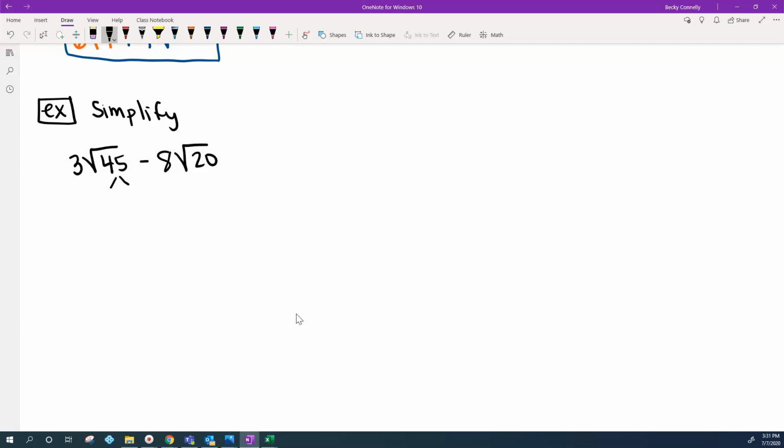If I do the prime factorization of these numbers, this would be 9 times 5, and then 9 breaks down to 3 and 3. 20 is 4 times 5, and then 4 breaks down to 2 and 2. So if I write this out, I really have 3 times 3 times 3 times 5 on the inside, minus 8, and then 2 times 2 times 5 on the inside.